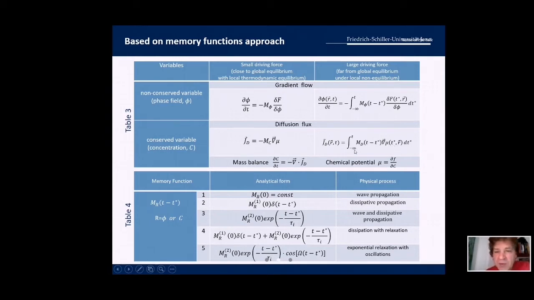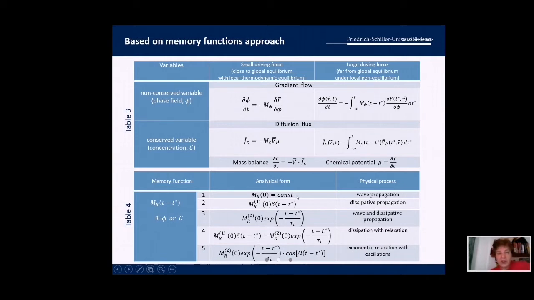So we have to integrate from minus infinity to the time t, and then we have this equation together with mass balance, which gives us a special type of equation if we use a special type of memory function.